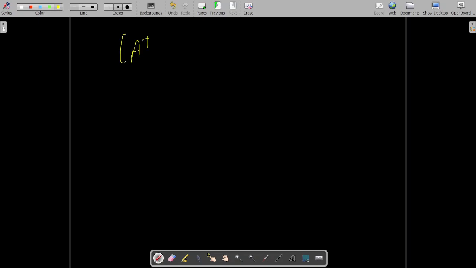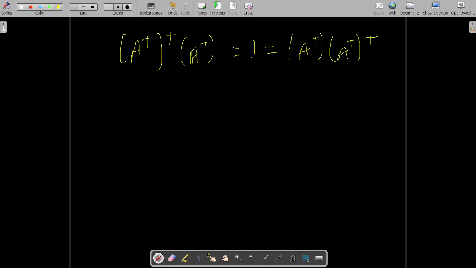So A transpose, transpose, A transpose is equal to I is equal to A transpose, A transpose, transpose.